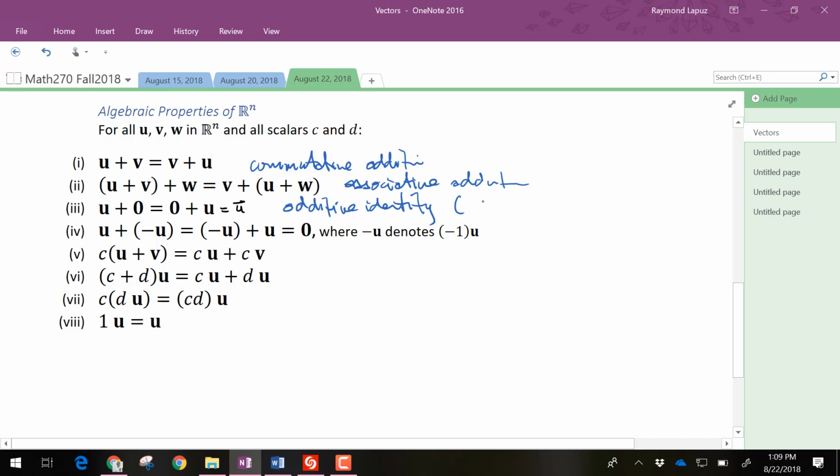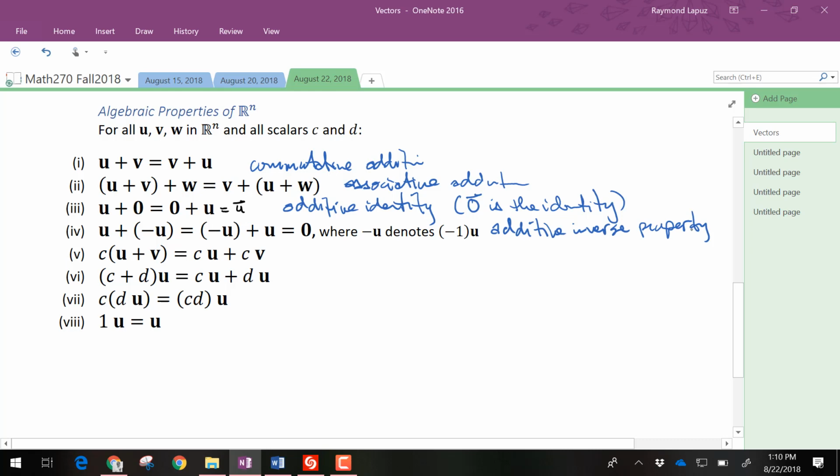And the identity is 0. And then you can also start off with a vector and add another vector to it to get 0, and that vector does exist, and that's called the inverse, or additive inverse.